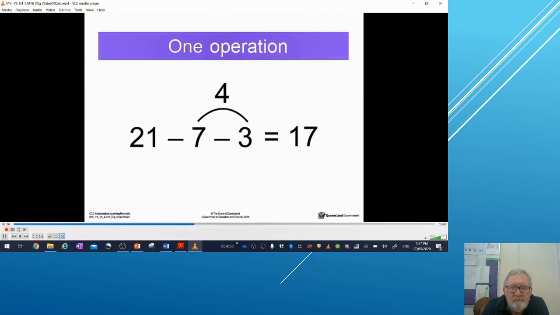Then 21 take away 4 to give 17. The 2 answers we have calculated are different. This method will give an incorrect answer. The remainder of the video will look at the conventions we use that will explain why this is so.